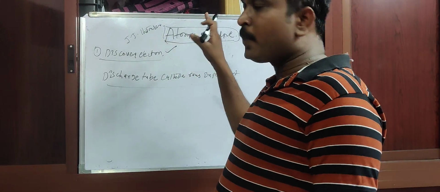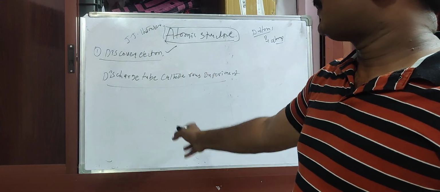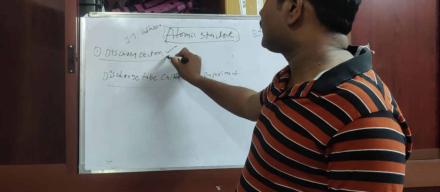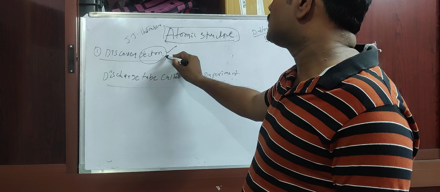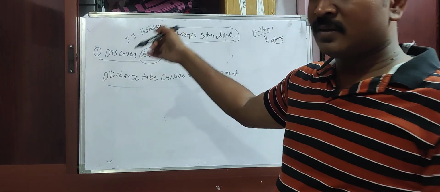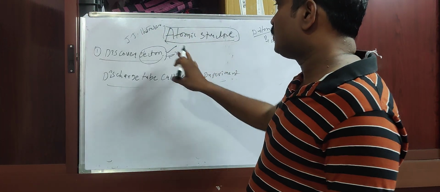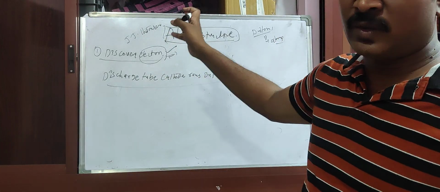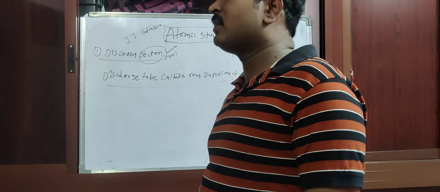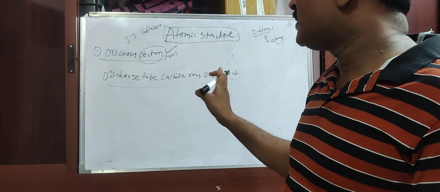After that, the properties of the cathode rays. After these properties, he named the cathode rays as electrons. How he discharged, what is the mass of the electron, how he found the charge of the electron, and how to learn this from this chapter.